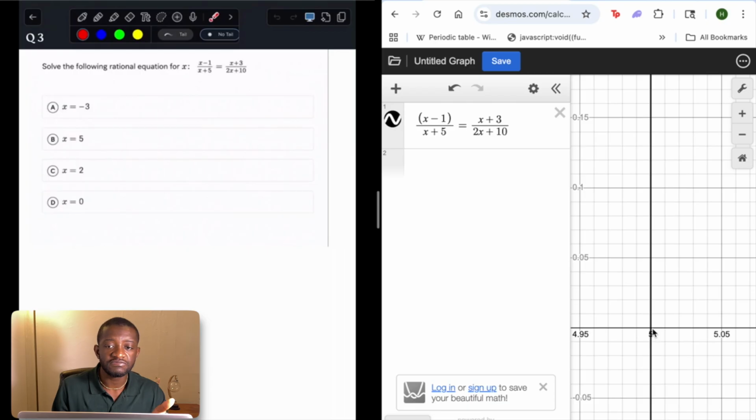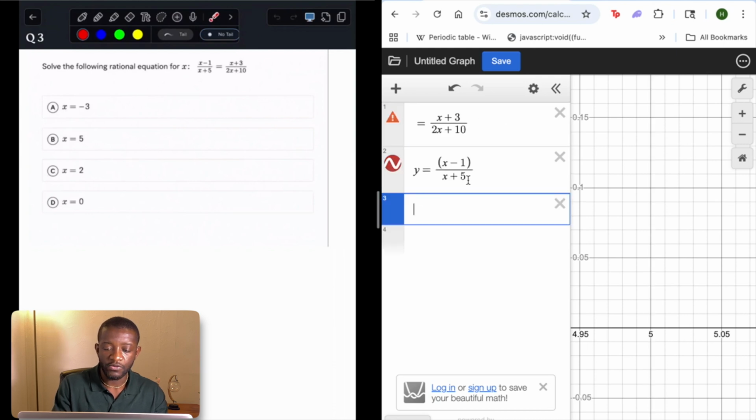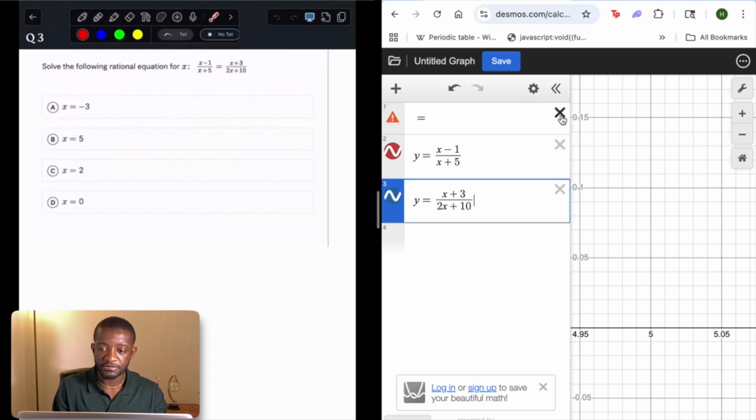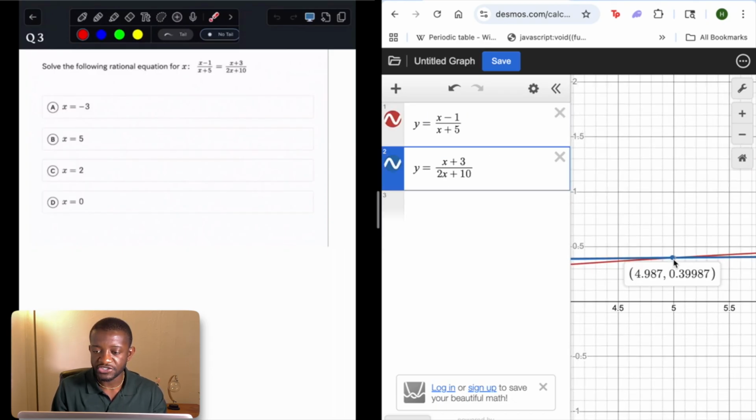Well, perhaps if this is difficult to see, what you could also do is say y equals this first expression, and then y equals this expression, and by the way, the parentheses is not important here. Then you see where these two intersect, and you can see that they intersect at x equals 5.